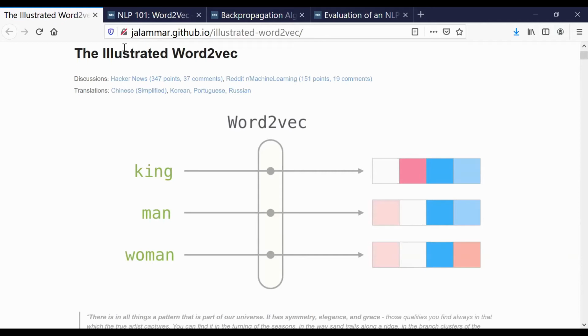Imagine that you have done the word2vec. What should happen is that the 4 numbers that represent king, minus the 4 numbers that represent man, plus the 4 numbers that represent woman, give you 4 more numbers.